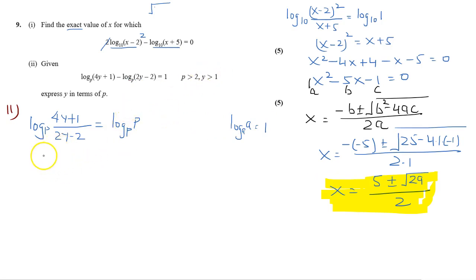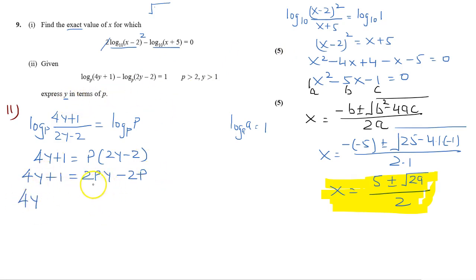So for the antilog it will be 4y plus 1 is equal to p times (2y minus 2). 4y plus 1 is equal to 2py minus 2p. We have to find y in terms of p.